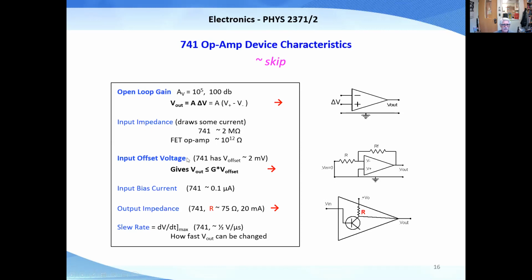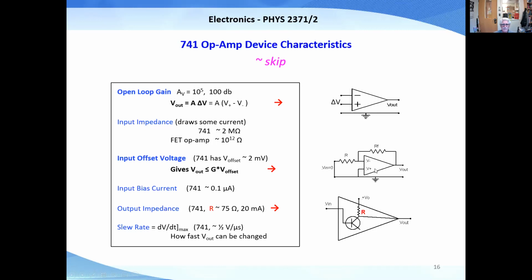And that's just because the 741 is not perfect. You can spend more money and get ones that have a different input offset voltage. So basically, it's like 2 millivolts that's put into here. That's just a function of the circuit.